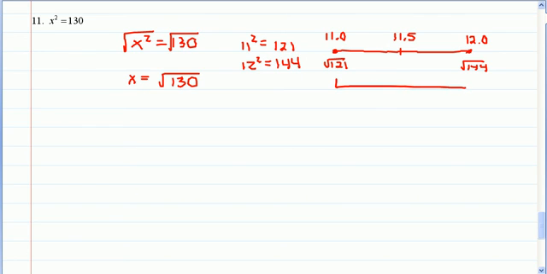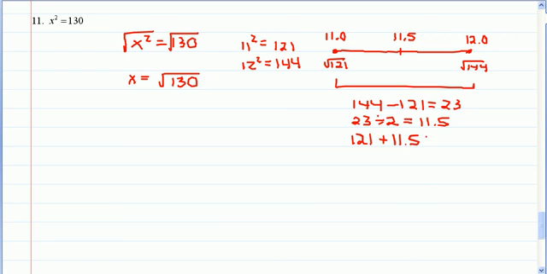So if we take the difference between 144 and 121, we get 23, and then 23 divided by 2 is 11.5. 121 plus 11.5 is 132.5. So we know that the square root of 132.5 is in the middle.